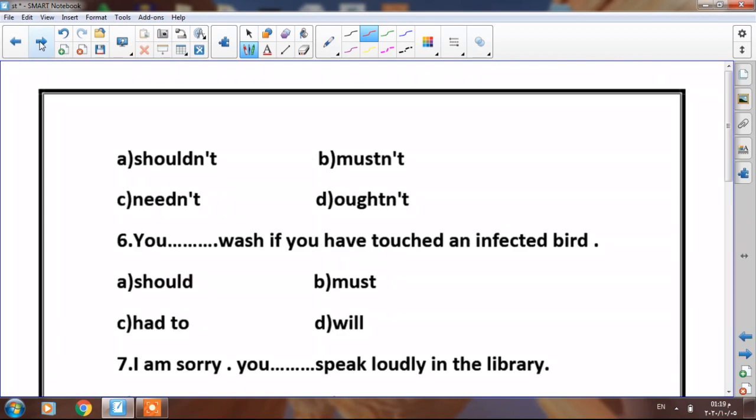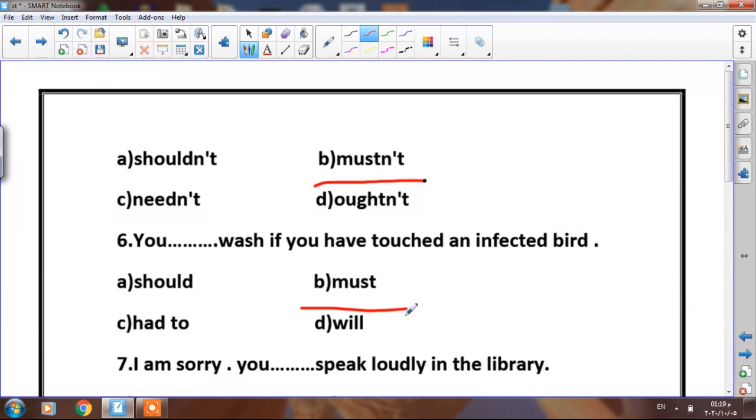So the answer would be you mustn't. Number six. You must wash if you have touched an infected bird. What would you do if you have touched an infected bird? Of course you should wash, or you will be ill. So you must wash if you have touched an infected bird.